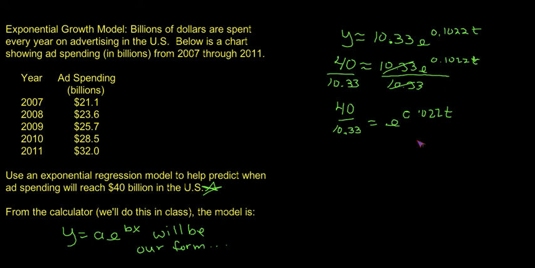So again, one thing that we can do is apply a natural log to both sides since this is base e. So on the left side, we're just going to get natural log of this fraction. And again, it's a little messy to keep writing it, but it's going to keep our answer a little more exact, I guess would be a good word for it. This side we're going to do natural log of e to the 0.1022t.